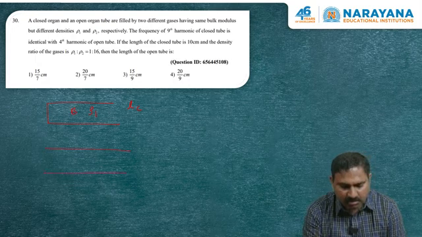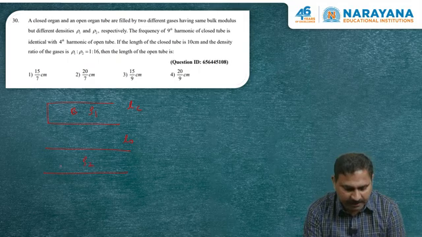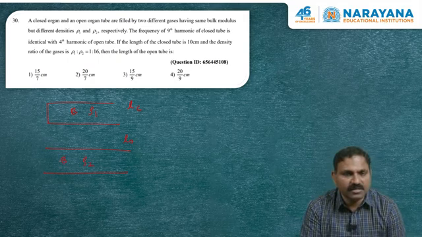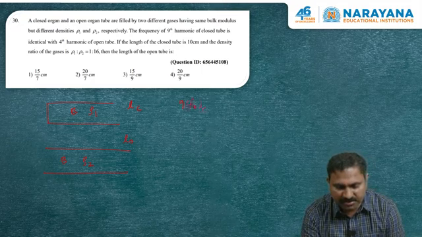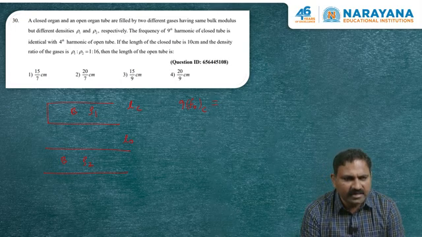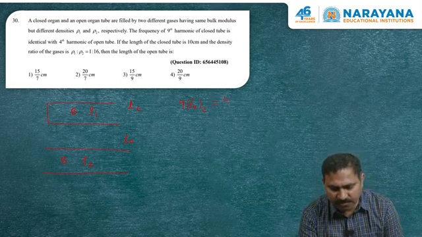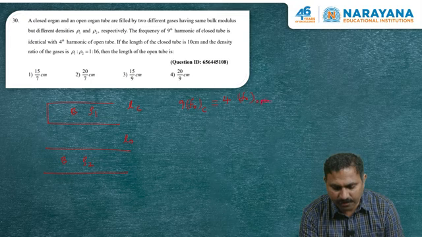Let L naught be the length of the open tube, rho 2 the density of gas filled here, and B the bulk modulus. It is given that the ninth harmonic, meaning 9 times the fundamental frequency of the closed pipe, is identical with the fourth harmonic of the open pipe, 4 times F naught of the open pipe.